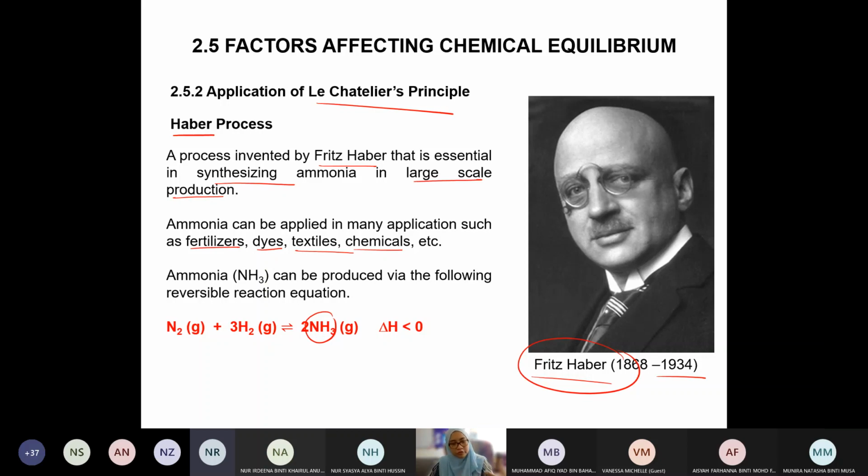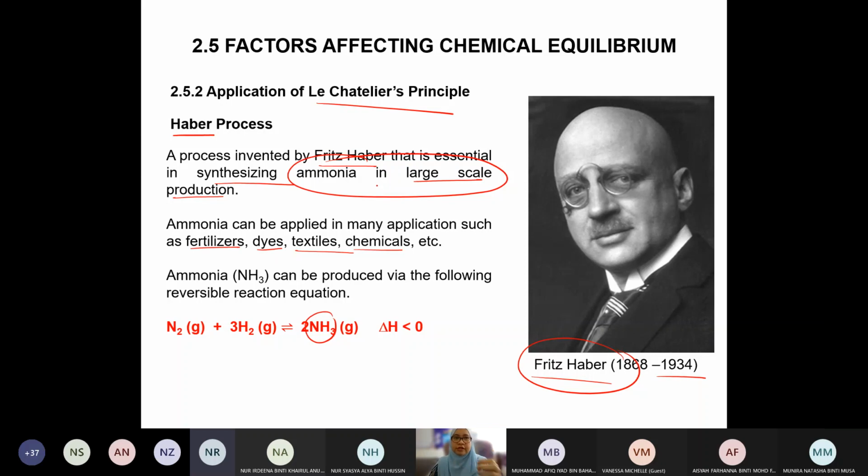You need to produce fertilizers here. You need to produce fertilizer synthetically. One of the processes is known as Haber. This process allows us to produce ammonia on a large scale.